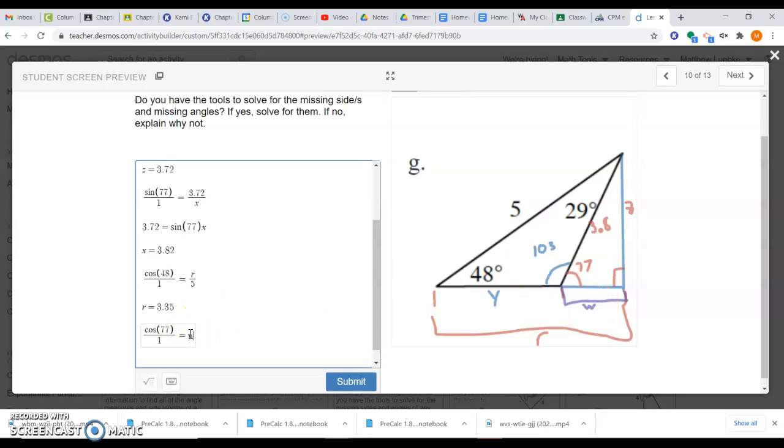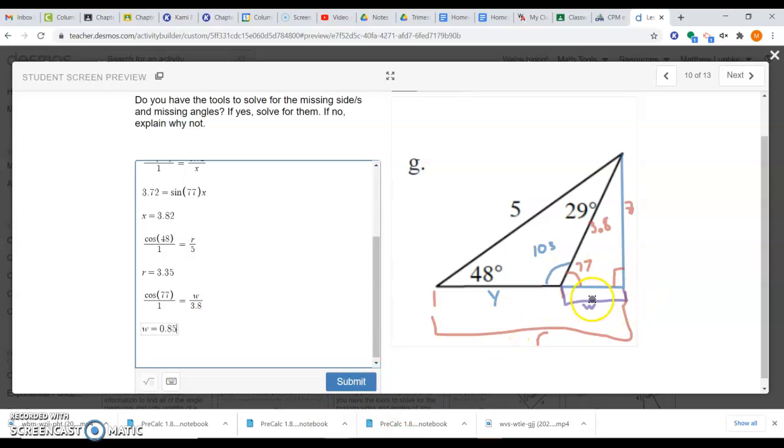So we have w over the hypotenuse, which is 3.8. And then we can cross multiply and solve here. 1 times w is w. The cosine of 77 times 3.8. Let's use my calculator. Cosine of 77 times 3.8 gives me 0.85.